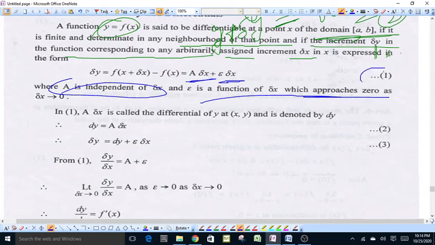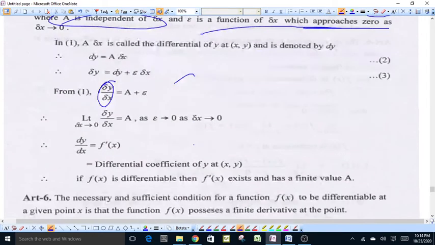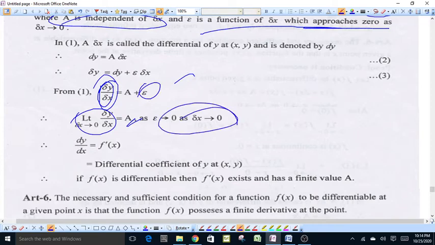Now from equation 1, if we divide both sides by delta x, then delta y / delta x = a + epsilon. Taking the limit as delta x approaches 0, the limit of delta y / delta x comes out to be a, because epsilon approaches 0 as delta x approaches 0. Therefore this constant is known as the differential coefficient of y at point x.